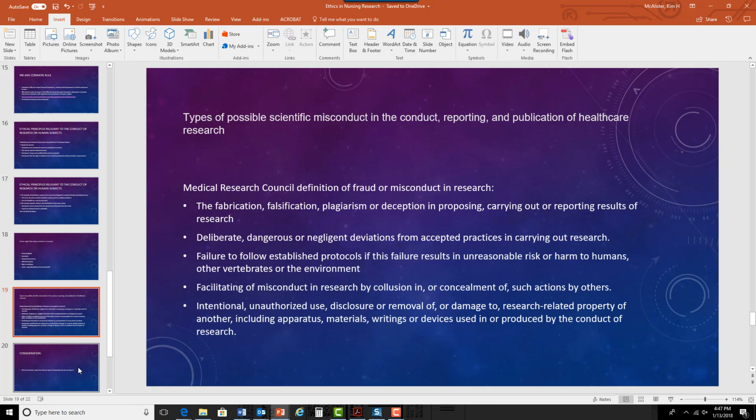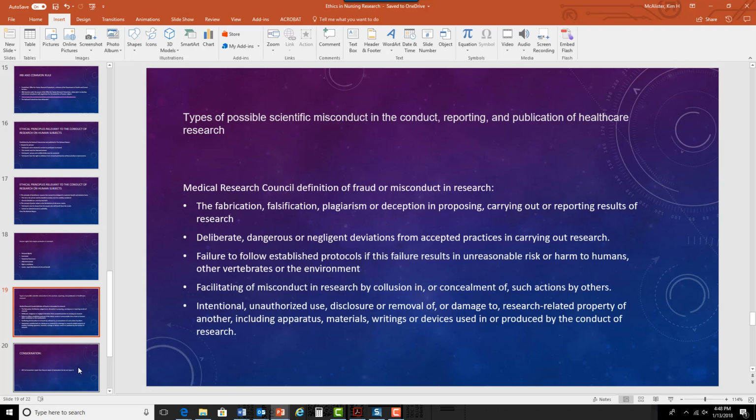Facilitating misconduct by collusion or concealment of such actions by others. Intentional unauthorized use, disclosure, removal, or damage to research-related property of another. And that can include even the results and the write-ups of research.